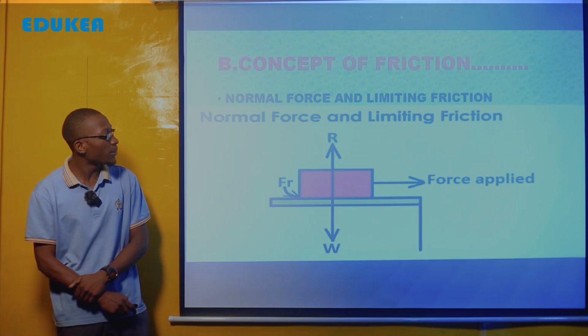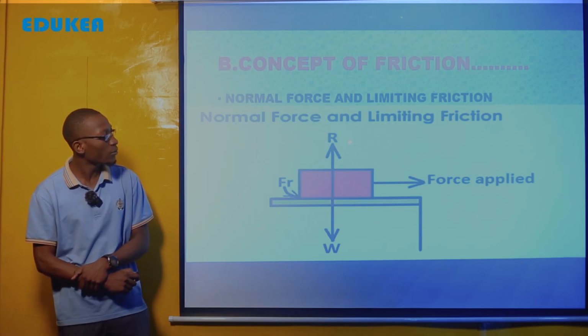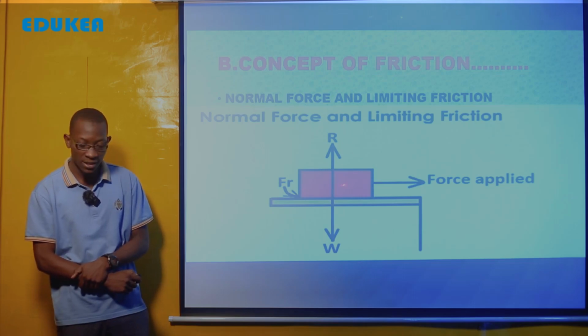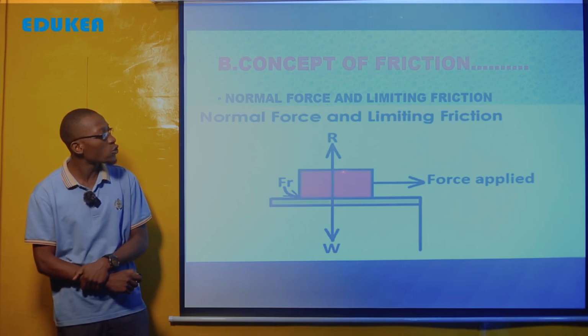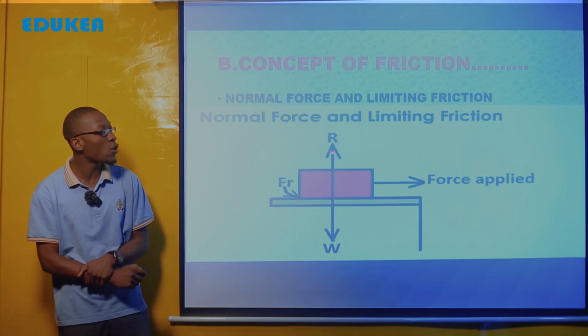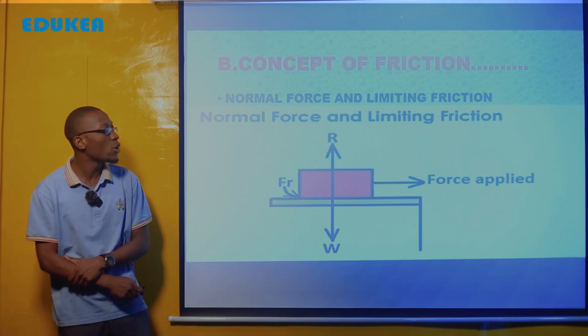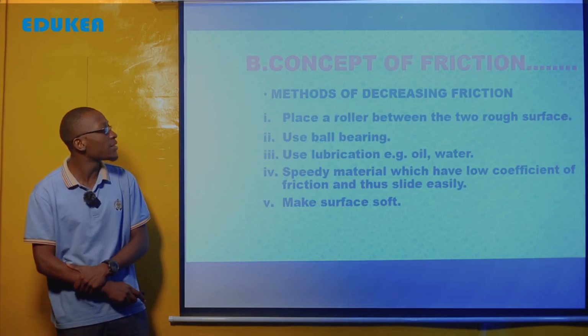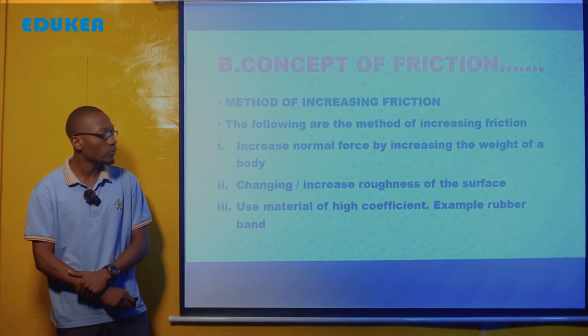You can see here, this one is the normal force. So if we need to increase the frictional force, we need to increase the normal force, or we need to increase the weight of the body. Once the weight of the body increases, we are sure that the normal force also increases. So after increasing the normal force, we are sure that we are increasing the friction.